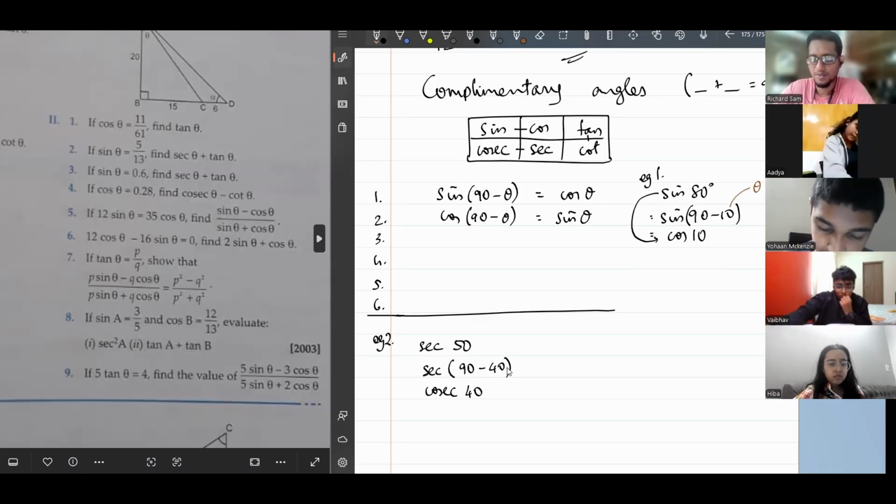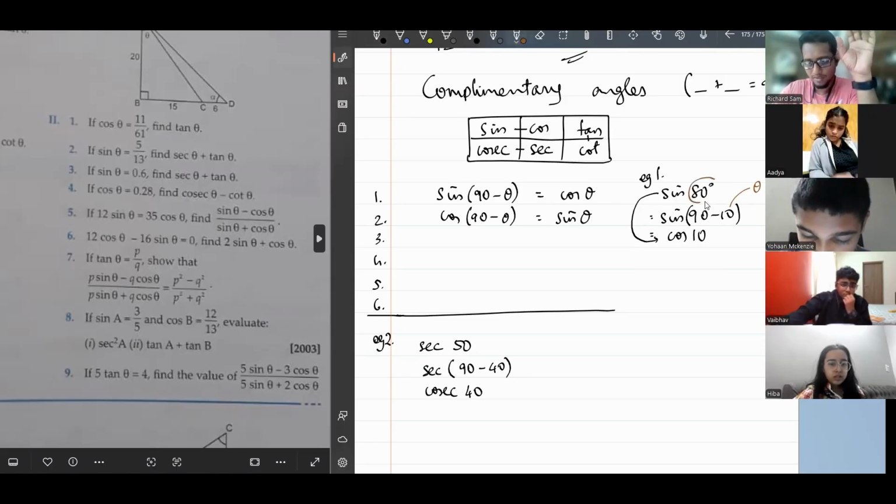Okay. I'll give you a very easy way to solve this. Look at example 1: your question was sine 80 and your answer was cos 10. When you add 80 and 10, you should get 90. See in the second example also, sec was 50, cosec is 40. When we add them, we get 90.